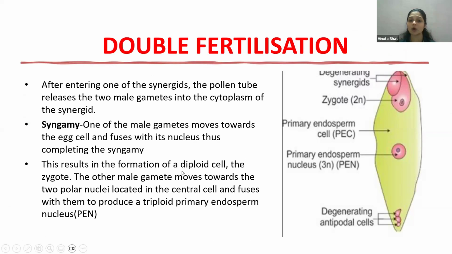This results in the formation of the diploid cell, that is the zygote, and another cell that forms the triploid condition, that is known as PEN, primary endosperm nucleus, that is always in a triploid condition.